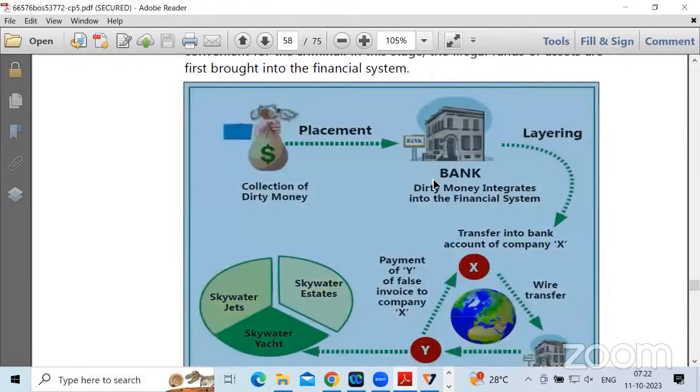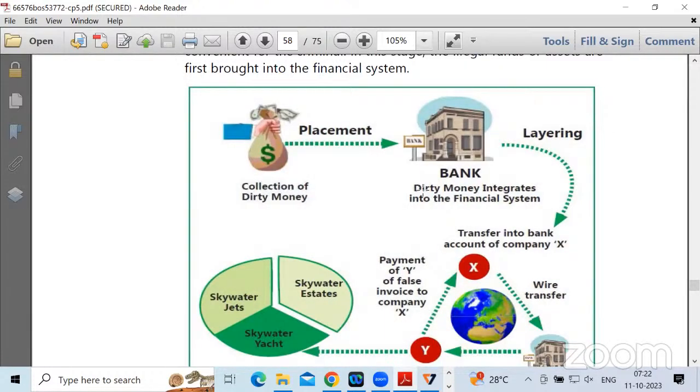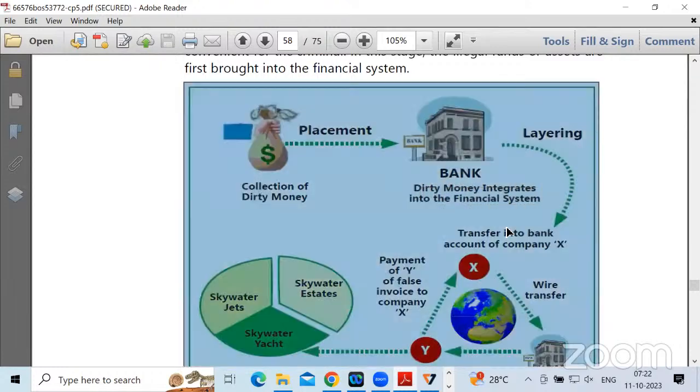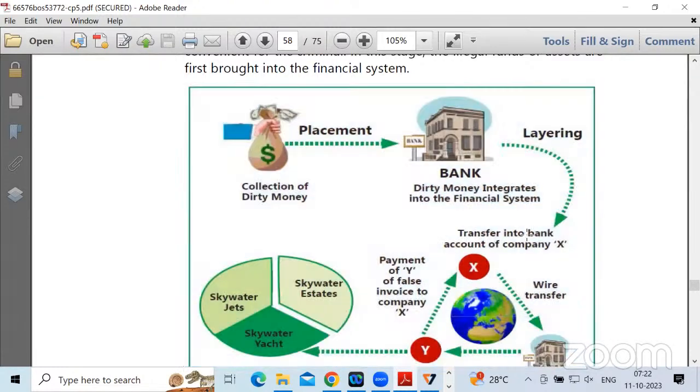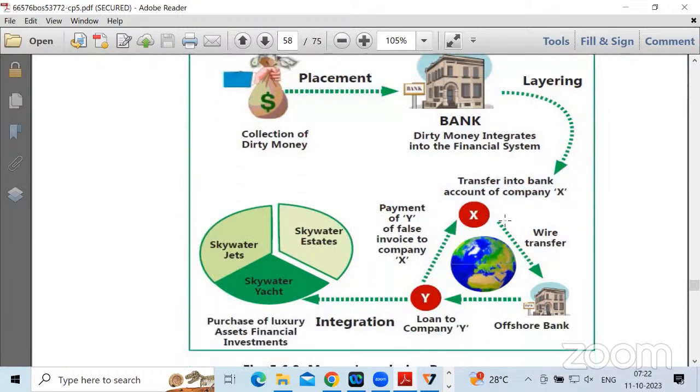So you are deploying the money in various other activities, like dirty money integrating into the financial system some way or other. So you invest in shares, you invest in land, and other such things. Then transfer into the bank account of X or Y, so that it becomes banking money.